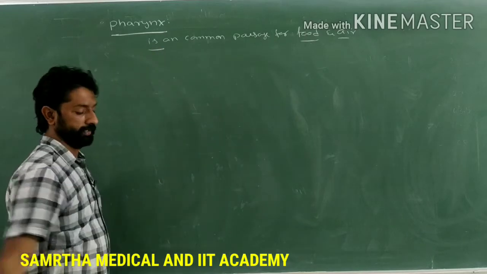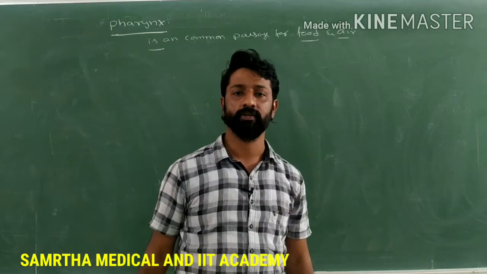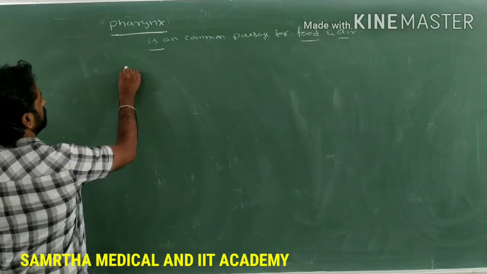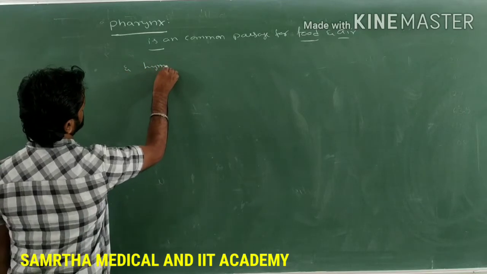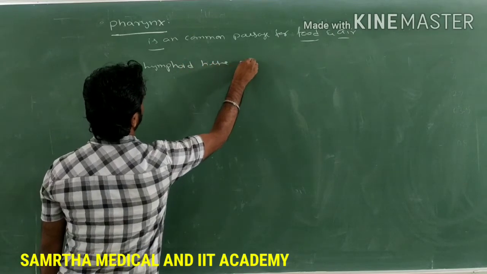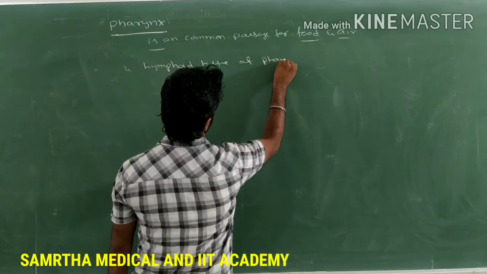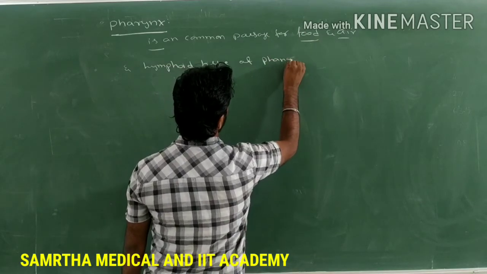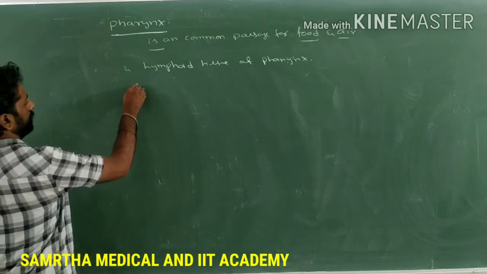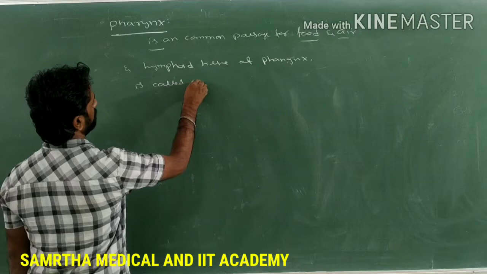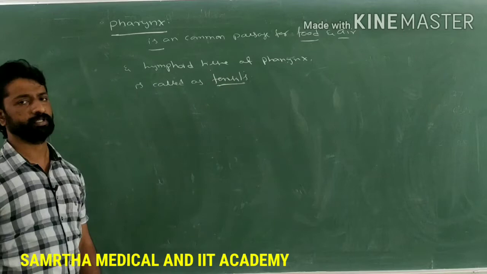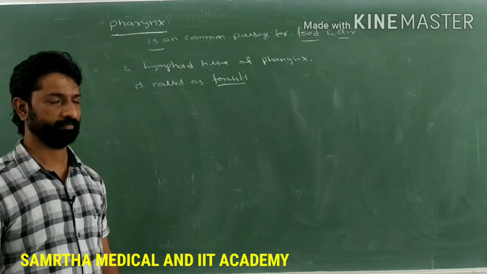At the base of the pharynx, there is a presence of lymphatic tissue, and that lymphatic tissue is called tonsils. The pharyngeal mass of lymphatic tissue is called tonsils.